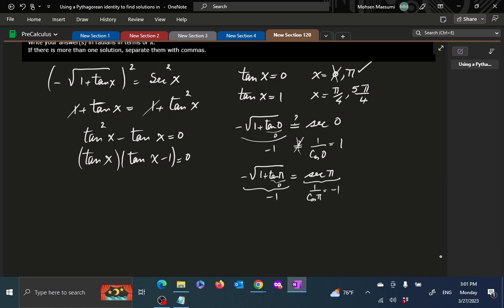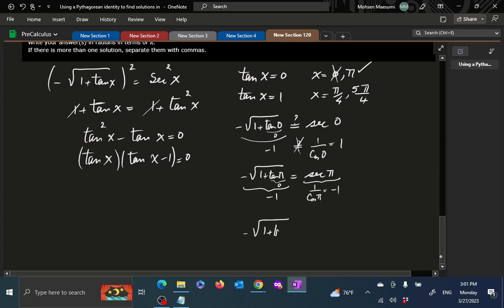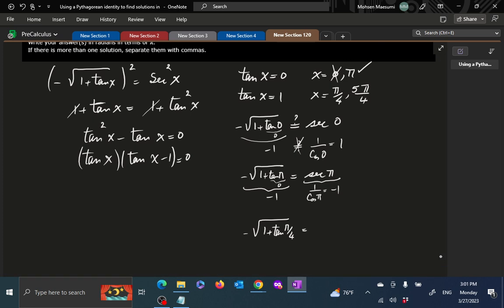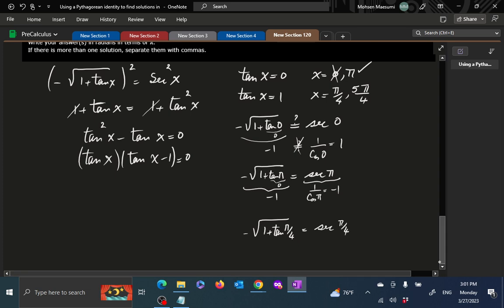How about pi over 4? Minus radical 1 plus tangent of pi over 4. Is that the same as secant of pi over 4? Obviously not, because this side is negative and this side is positive. That's not equal. Pi over 4 is out. 5 pi over 4: minus radical 1 plus tangent of 5 pi over 4.